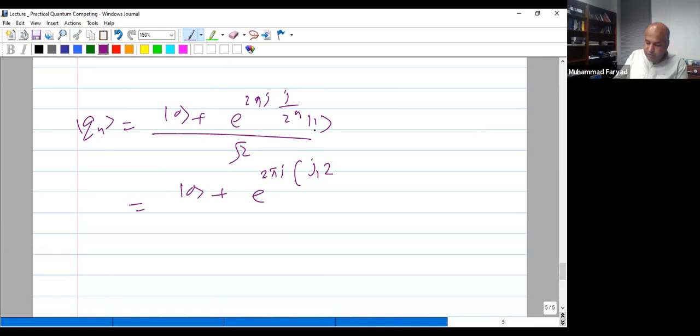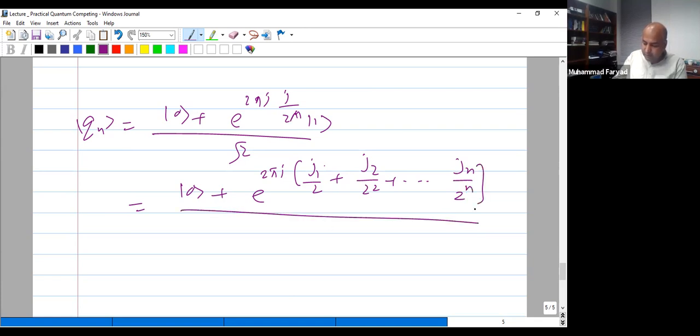So this is just divided by 2. And then for j2, there's going to be a multiplying factor of 2 power n minus 2. And when you divide it with 2 power n, this is 2 power 2, and all the way to jn, 2 power n.